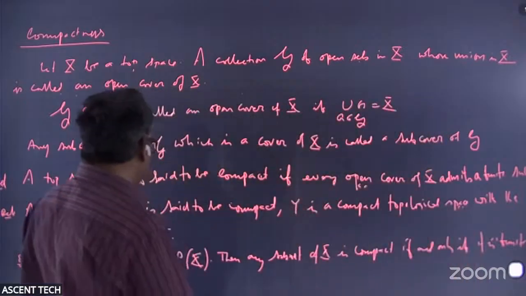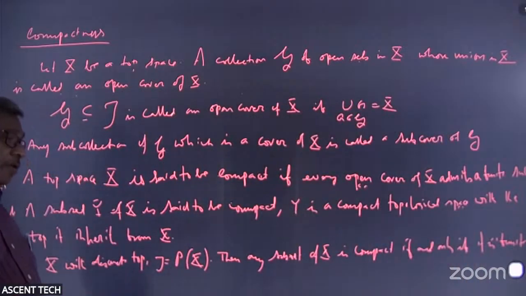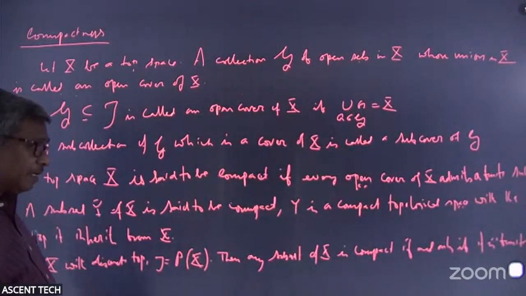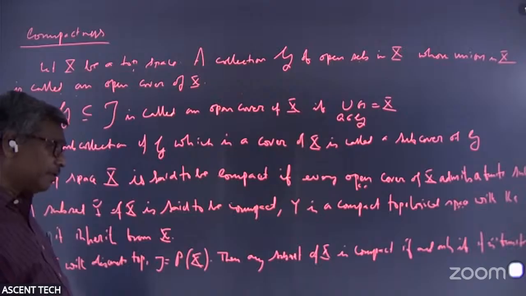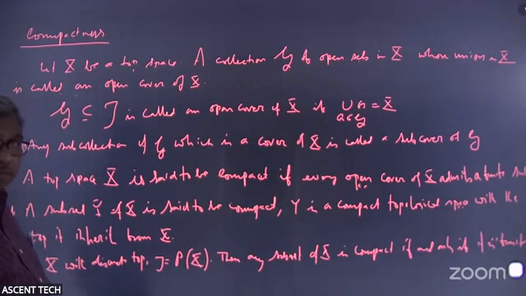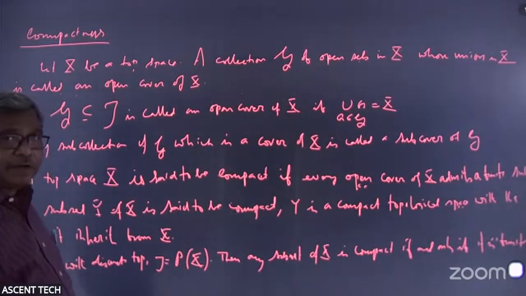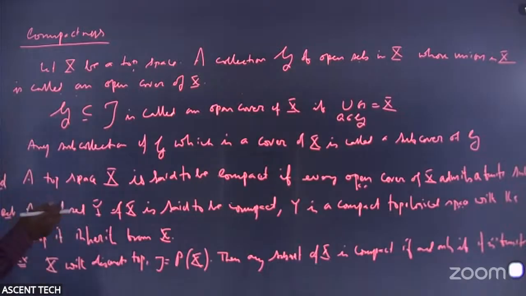Of course, if you have the indiscrete topology, then the empty set and the whole space are the only open sets you have. Then, of course, every subset is compact, because you don't even have infinitely many open sets. That is the other extreme. Is that okay? Yes.